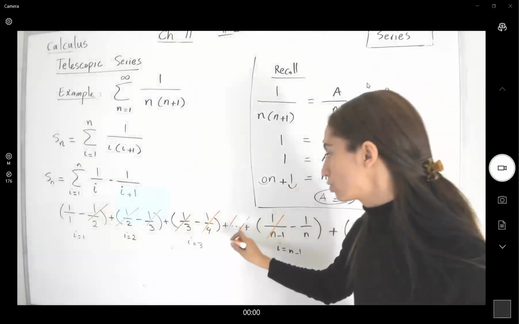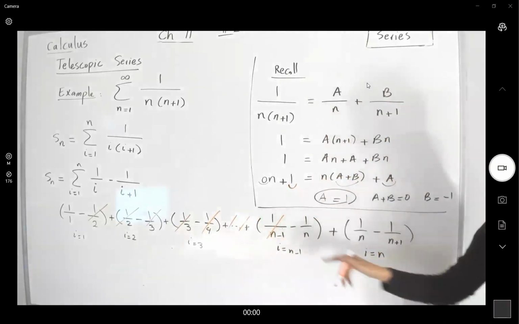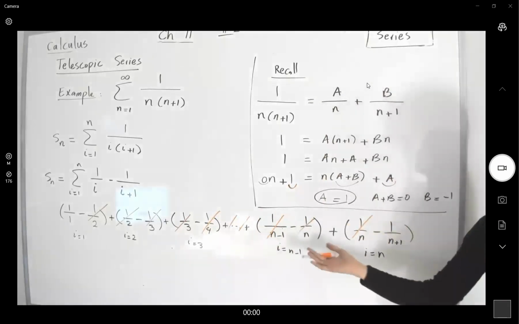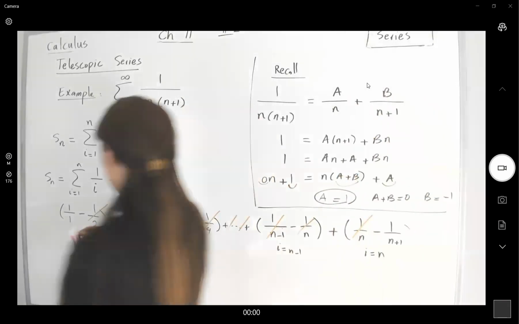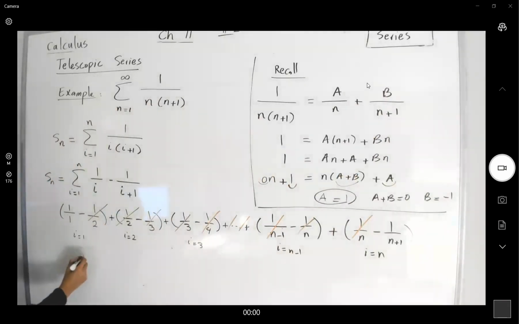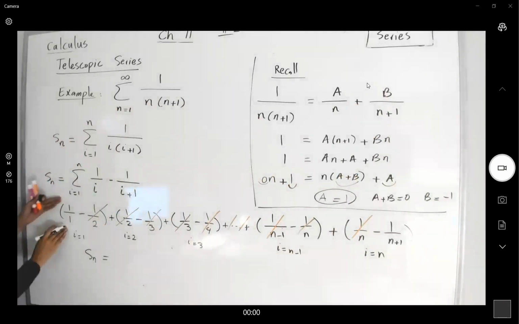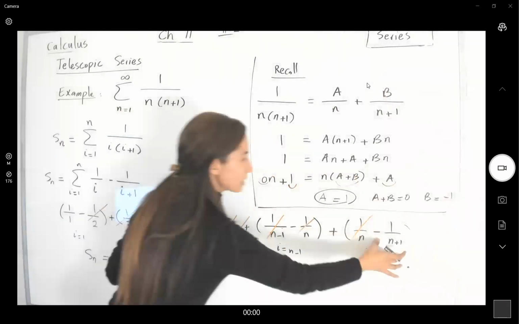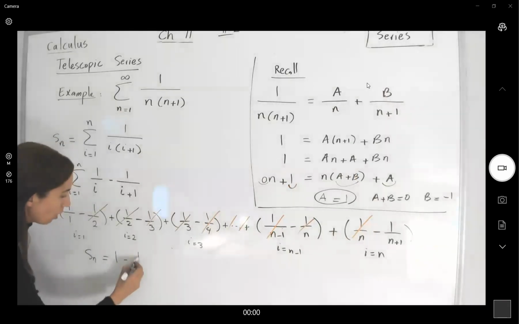Each term is canceled out with the previous term, including negative 1 over n and 1 over n. So what's left in this partial sum? What's left is the very first term, which is 1 over 1, or 1, and the very last term, which is negative 1 over n plus 1.